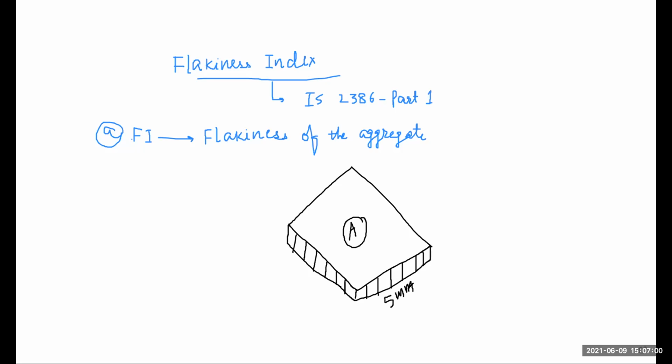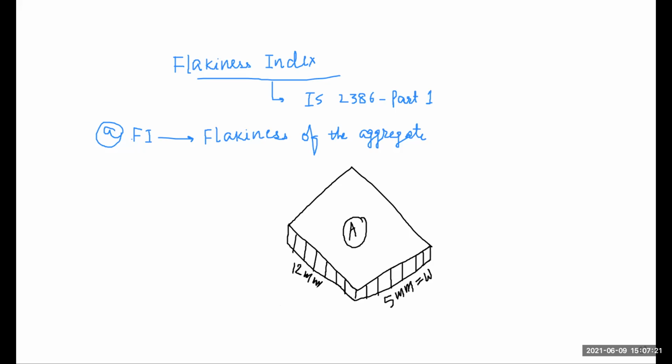Suppose we have an aggregate whose width is 5 mm. I just define a flaky particle. This is the width of my aggregate. This is the length part, which I observe is 12 mm.